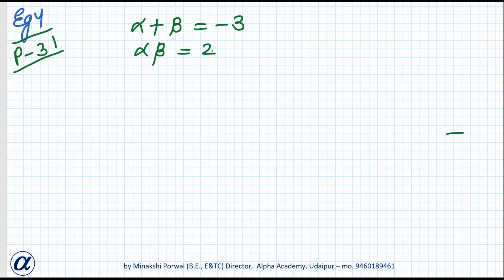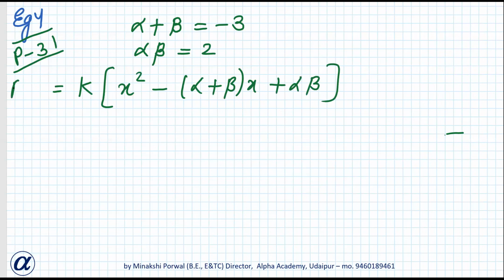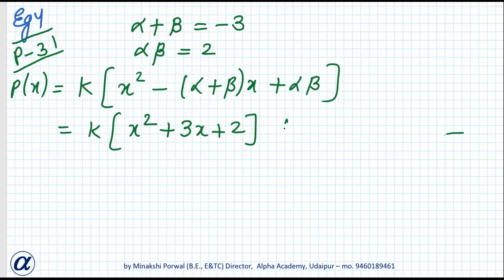That means the first number given is the sum, and the next is the product. We first write the formula: x square minus alpha plus beta into x plus alpha beta. So k into x square minus of minus 3, this will be plus 3, x plus 2.